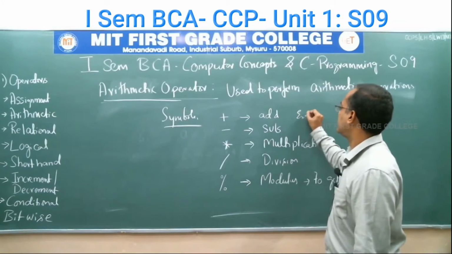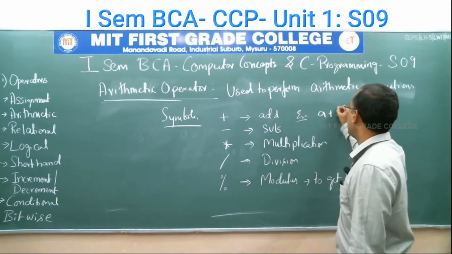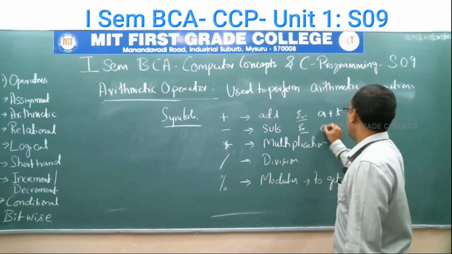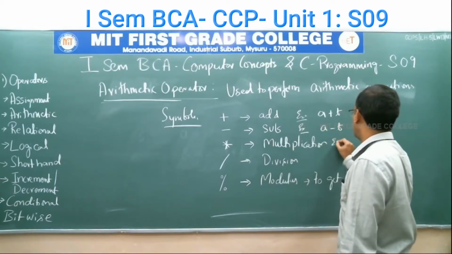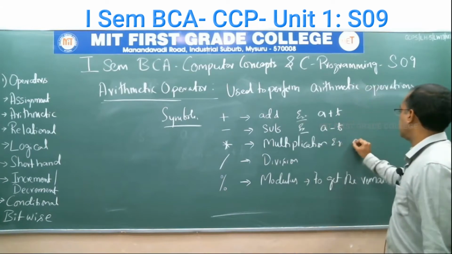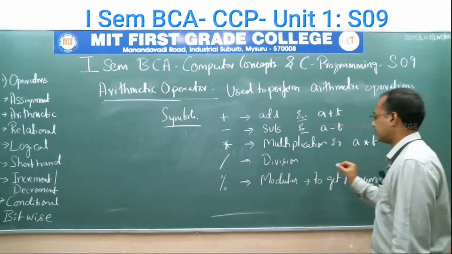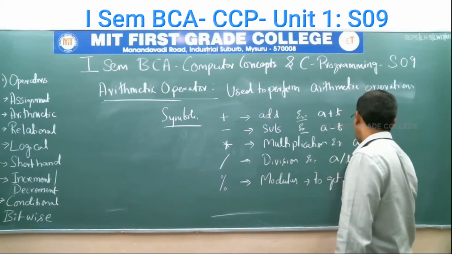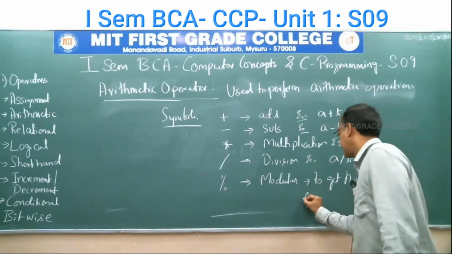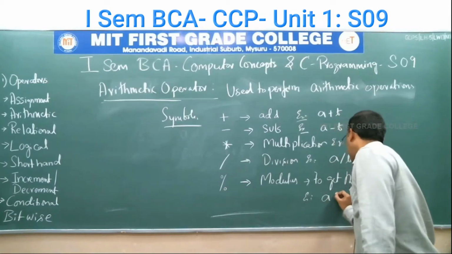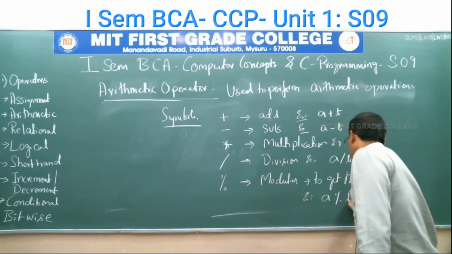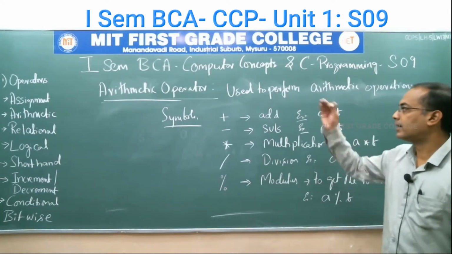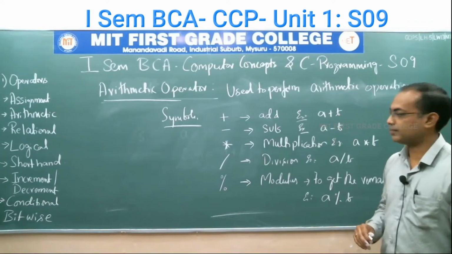So I can just give you a simple example: A plus B, A minus B, A star B, A divided by B, and example A percentage B. So these are the operators in the arithmetic section.